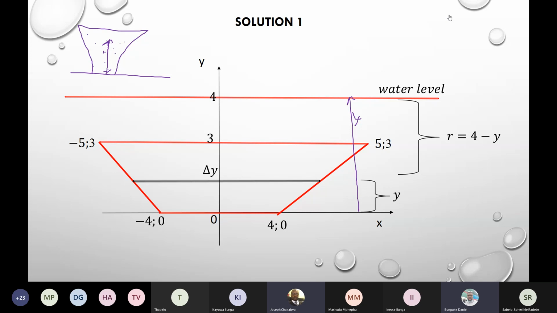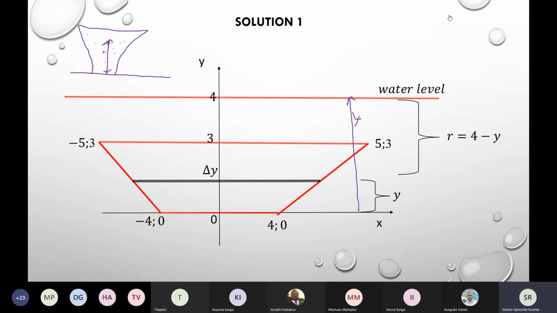I'm asking, in this case of trapezium, the representative strip will always be dy? Yes, it's always in y. Just like I was explaining to Kayowa, she was asking whether it's possible to have our limits in the x. I said no, our limits are always in the y, and the representative strip is always in the y as well. All right, sir. Okay, thanks. Any other questions?